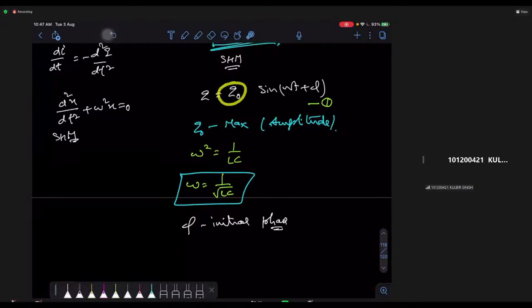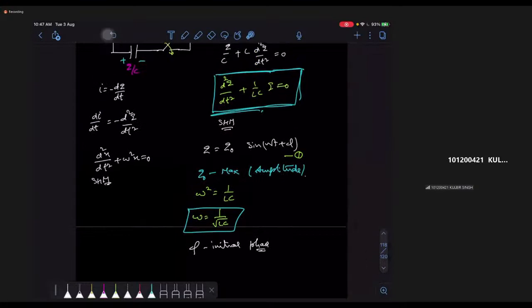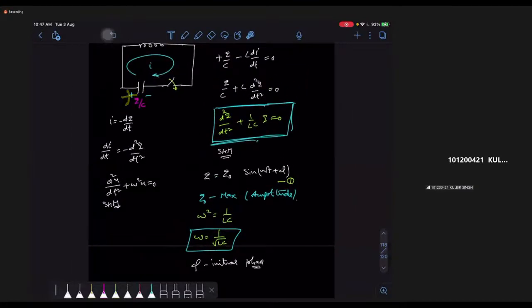Sometimes the charge goes to plus maximum, sometimes to minus maximum. Meaning thereby, sometimes your left plate is positive, its charge increases to the maximum positive, then it decreases and the right plate approaches positive. So it's going to have an oscillation.